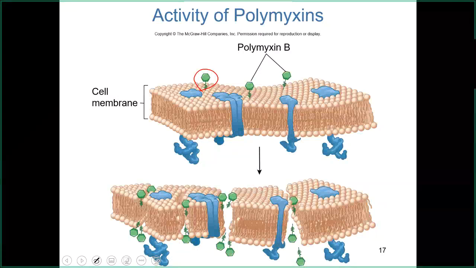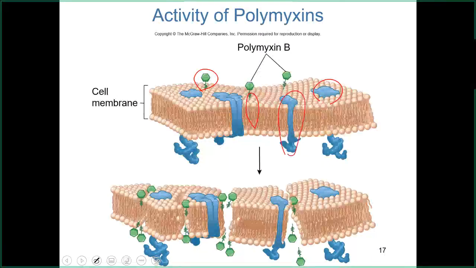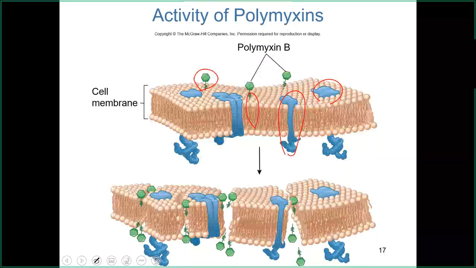See, it's interacting with the phospholipids, not these proteins in here, which tend to be polar, hydrophilic things. The phospholipids themselves are nonpolar for the most part, and that's where the polymyxins go.